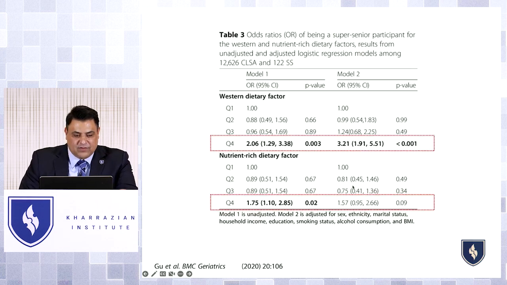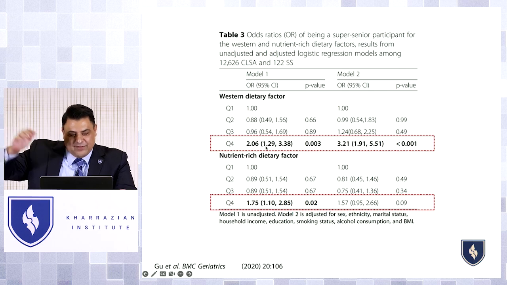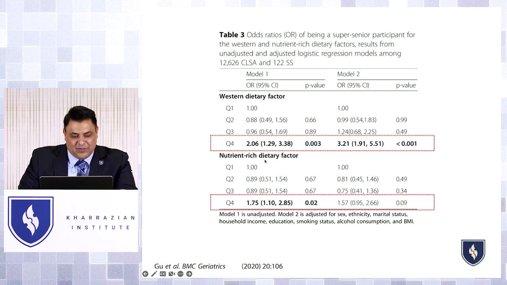For the Western diet, the odds of being a super aged, healthy person without any disease were 2.06, but for the nutrient-rich diet, it was 1.75. And this was statistically significant, especially when they adjusted for smoking status, household income, education, marital status, sex, and body composition. They still found this to be much more impactful.